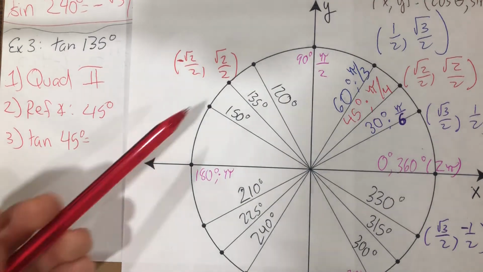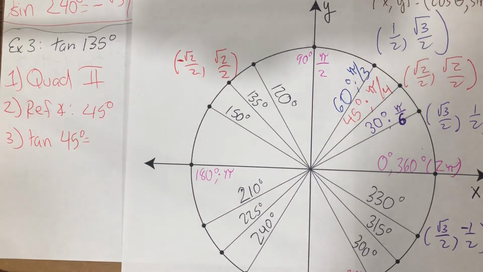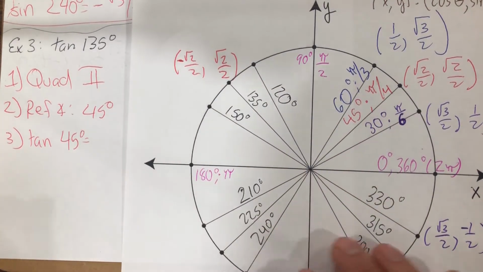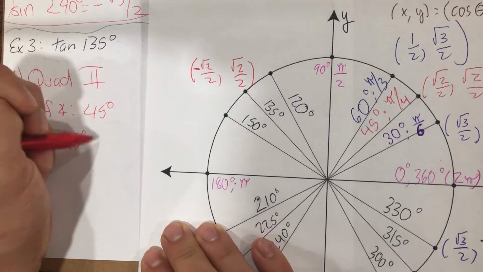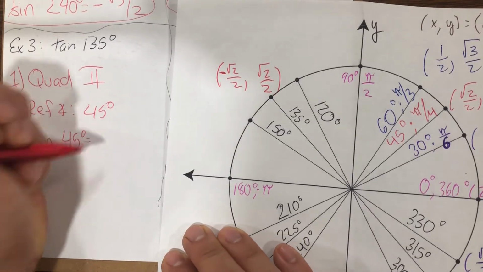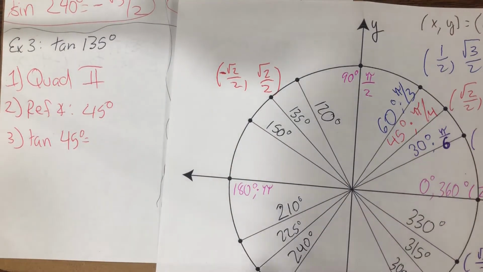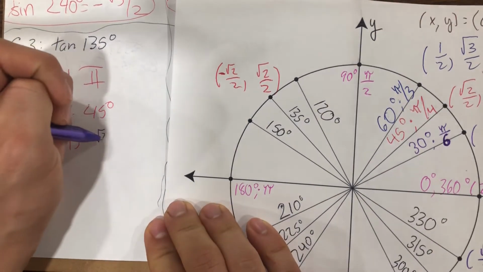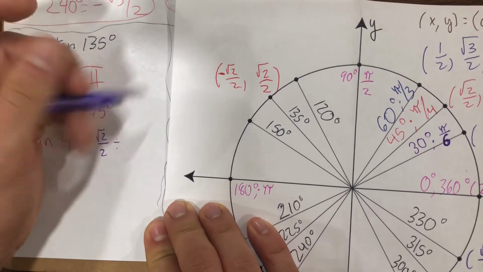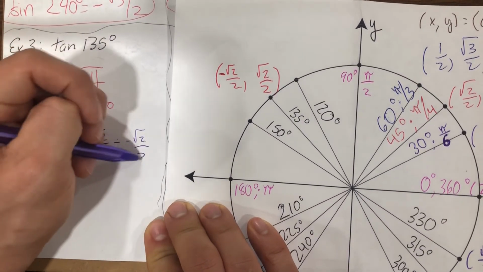So I have √2/2 divided by negative √2/2.